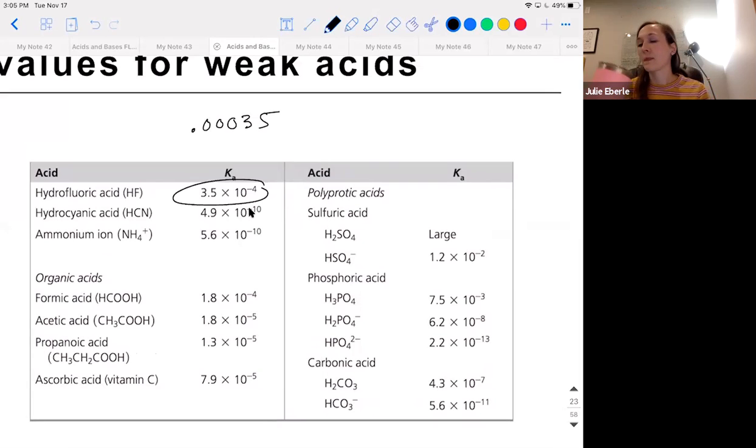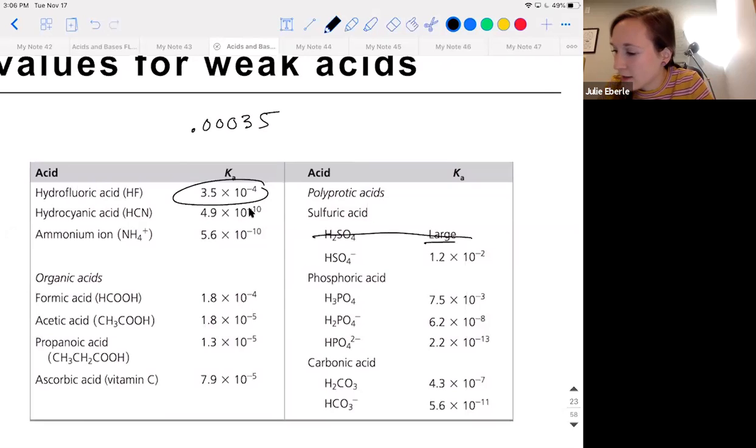So which one of these is the strongest weak acid and which one is the weakest weak acid? What do y'all think? What do y'all think is the strongest? And I will say, this one just says large.